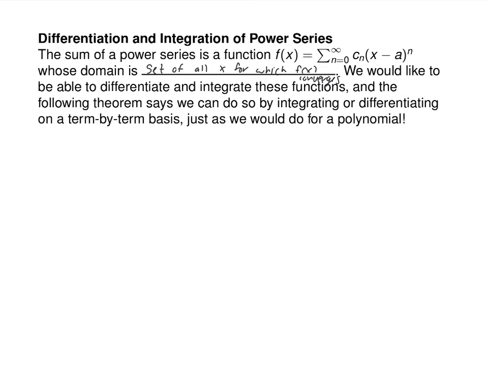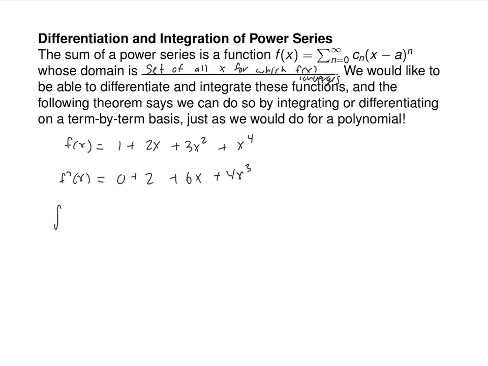we do for polynomials. So for example, if f of x is 1 plus 2x plus 3x to the second plus x to the fourth, you know that f prime is 0 plus 2 plus 6x plus 4x cubed. You can differentiate each individual term separately.